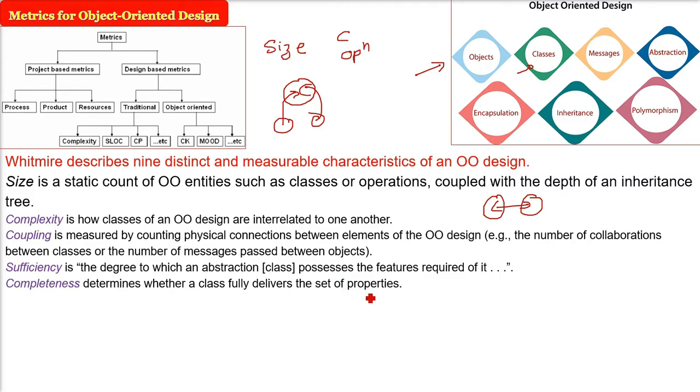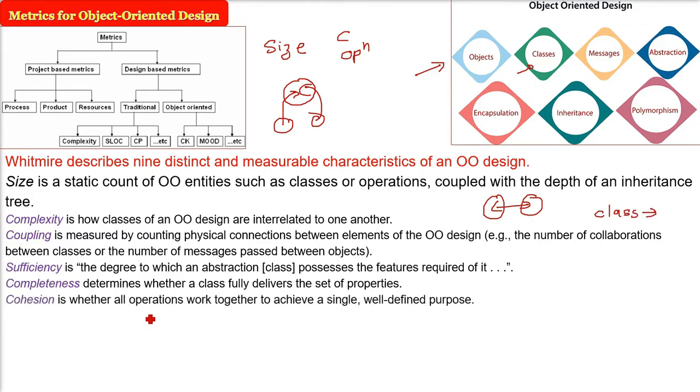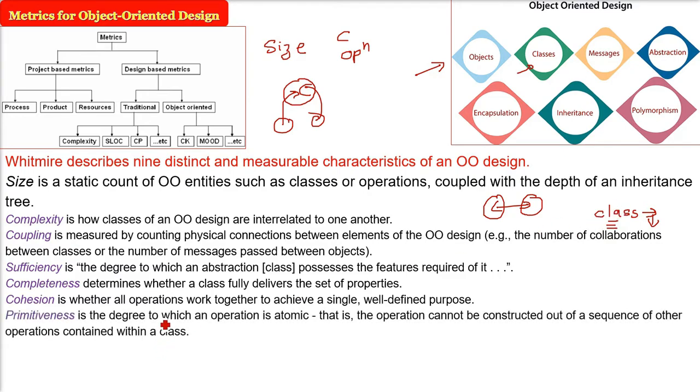Completeness determines whether a class fully delivers the set of properties for which it was designed or written. Cohesion is whether all operations work together to achieve a single, well-defined purpose. Then primitiveness. This is the degree to which an operation is atomic. What does atomic mean?